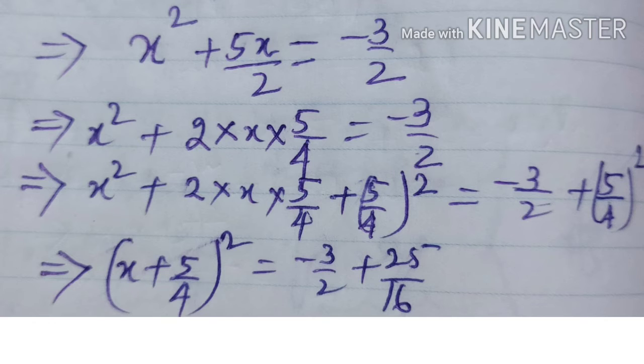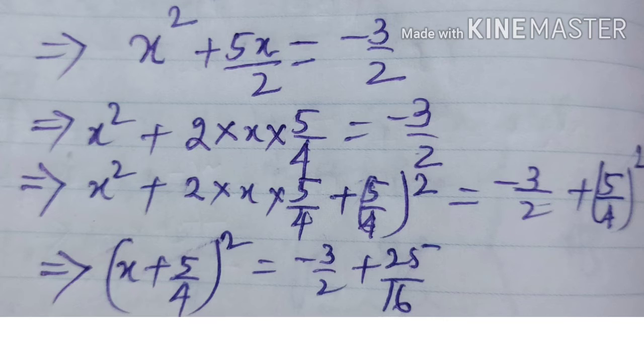Now for completing the square, we have to add (5/4)² to both sides of the equation. On adding the square of 5/4 to both sides of the equation, we have x² + 2 × x × 5/4 + (5/4)² = -3/2 + (5/4)².